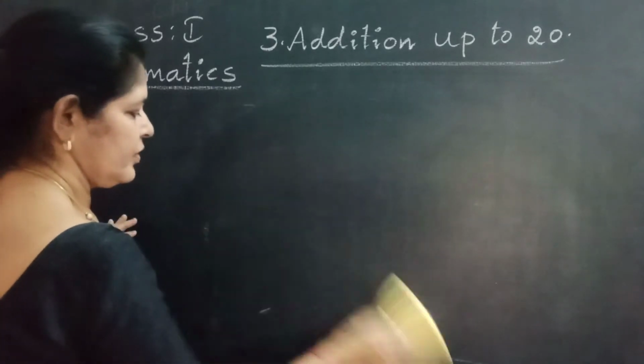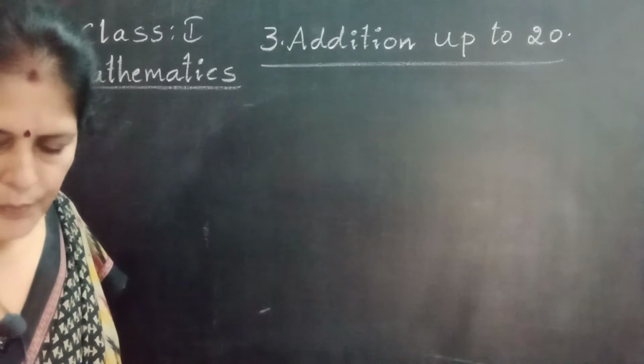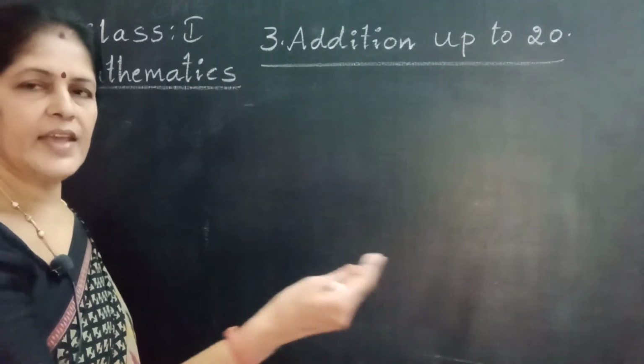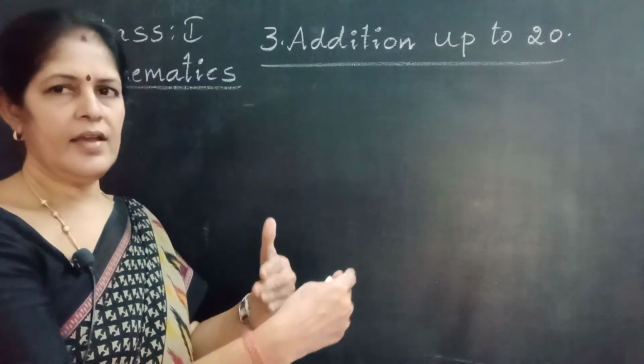Next one, when we add 1 to a number, the answer is the next number of the given number. Next number means the number after.